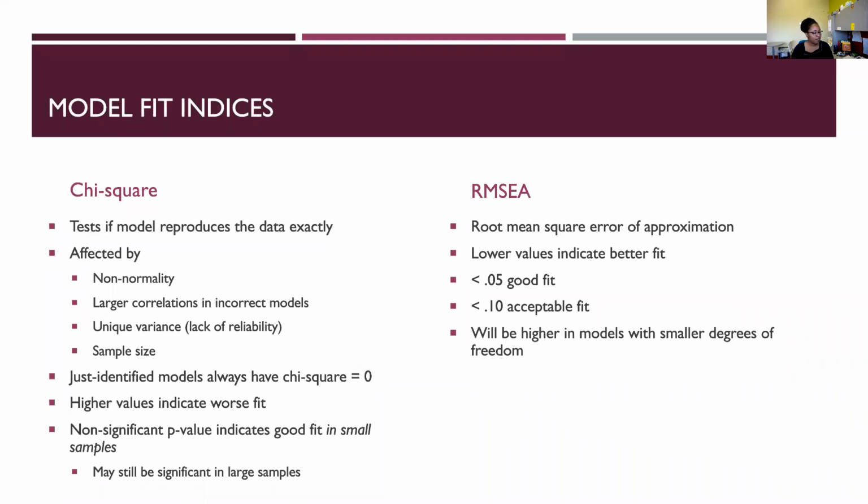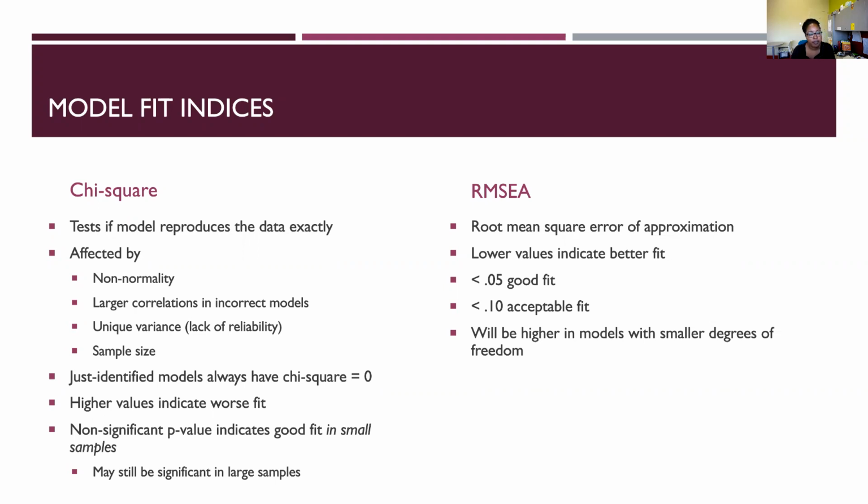So the first model fit index that we generally look at is called the chi-square. If your chi-square is 0, then that means your model is just identified, that your model has perfectly reproduced the data. So you want smaller numbers, as close to 0 as possible.